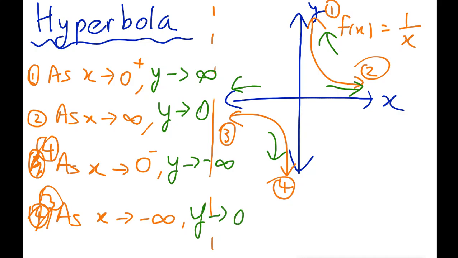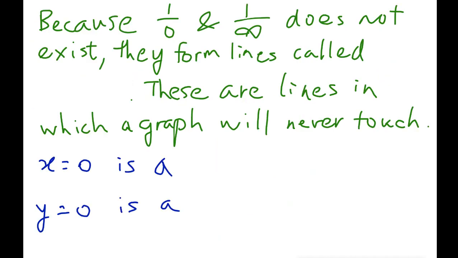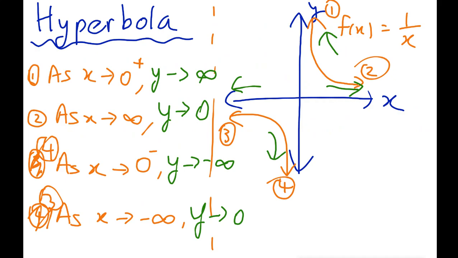So, what do we learn from this then? Well, we can't physically put in one on 0 and one on infinity. That just doesn't make sense. So, if you look back on the graph, because it doesn't actually hit it, we never actually put it touching the point.